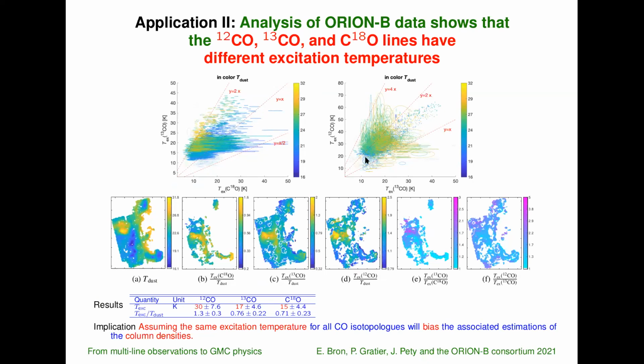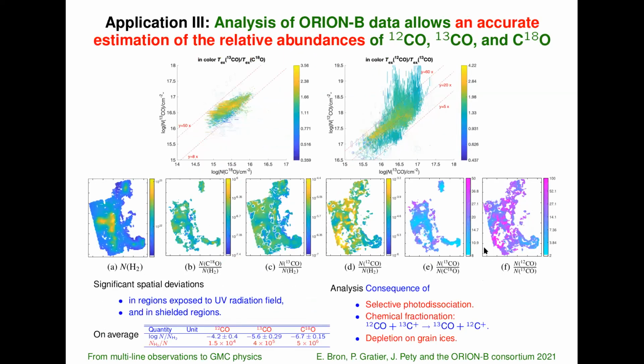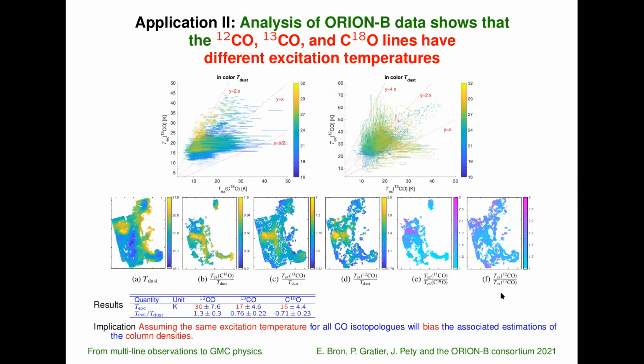Here, it's more centered on a line of slope 2 with a factor of 4 for all the values. And that's not just noise. You see that you have very well-behaved maps of excitation temperature. So we can be confident in our derivations.